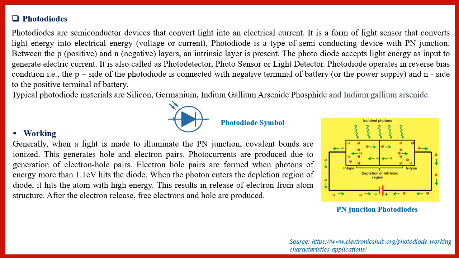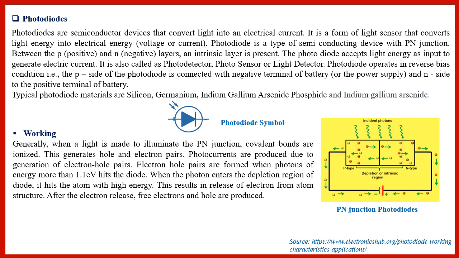It is a type of semiconducting device with a p-n junction between the p positive and n negative layers. An intrinsic layer is present in between. The photodiode accepts light energy as input to generate electric current. It is also called a photodetector, photosensor, or light detector.